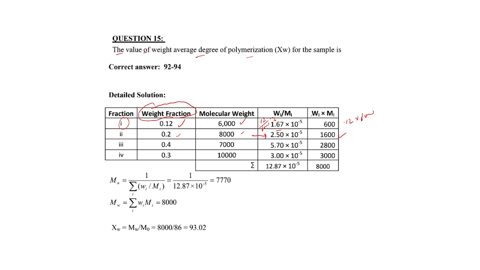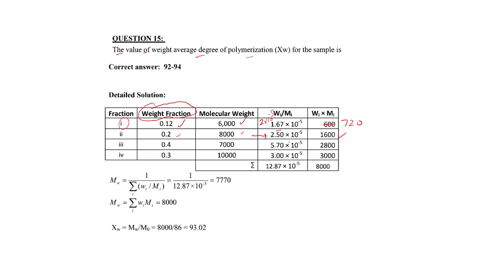So let me correct it. 0.12 into 6000 will be 720, and 0.12 divided by 6000 will be 2 into 10 power minus 5.